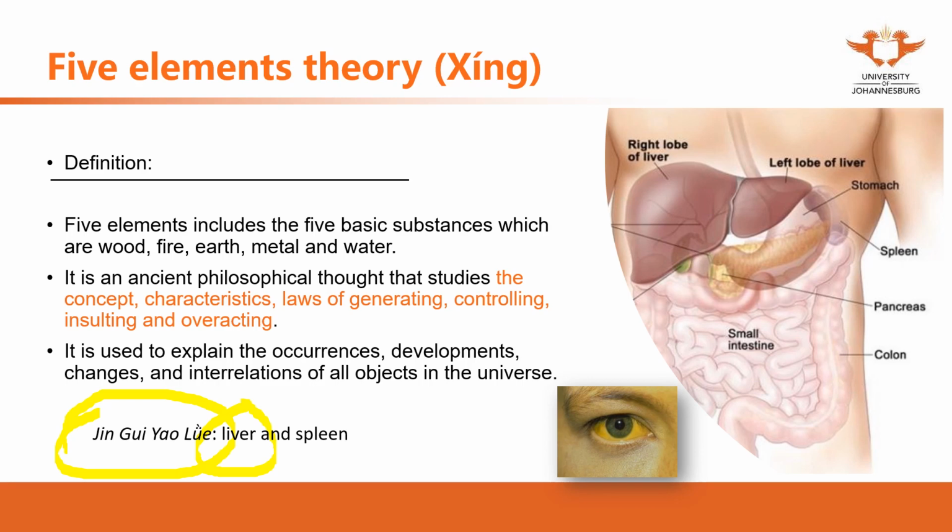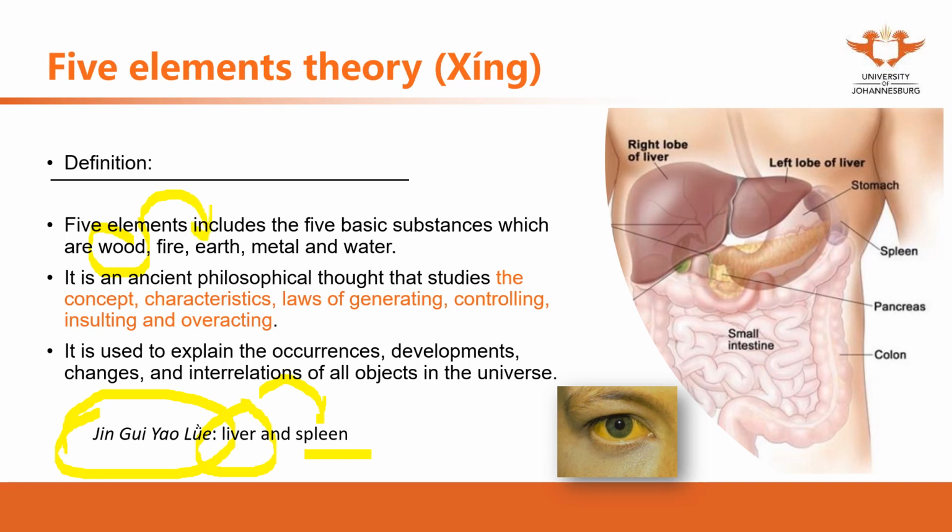You need to protect the digestive function, because the liver problem will affect the spleen. And from the theory, that's because the wood will affect the earth.